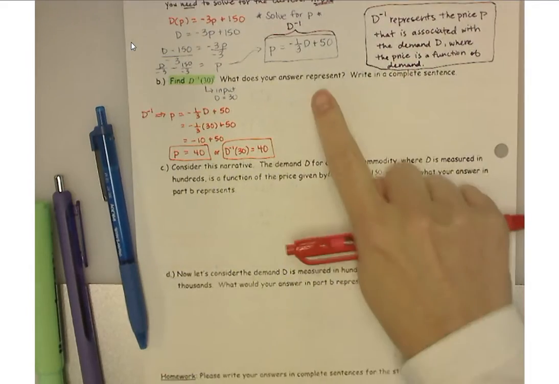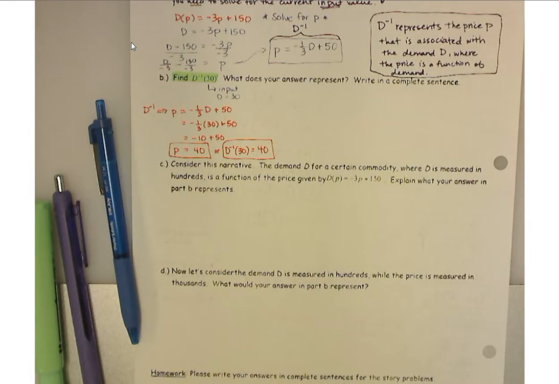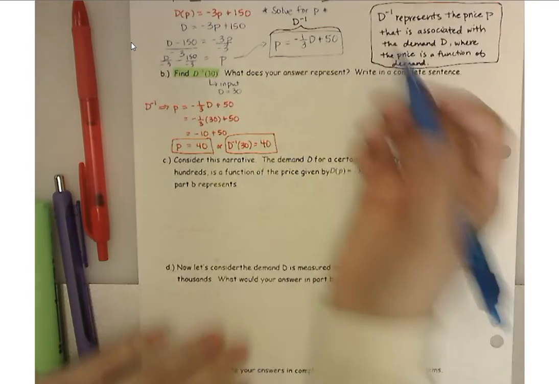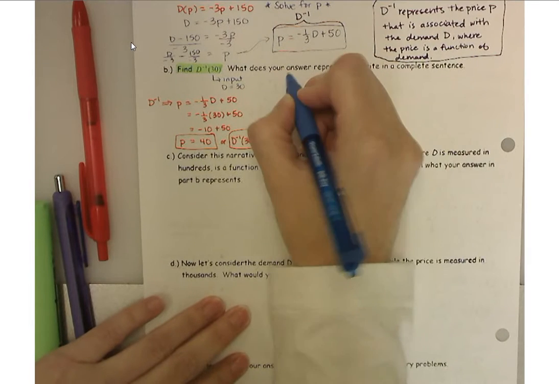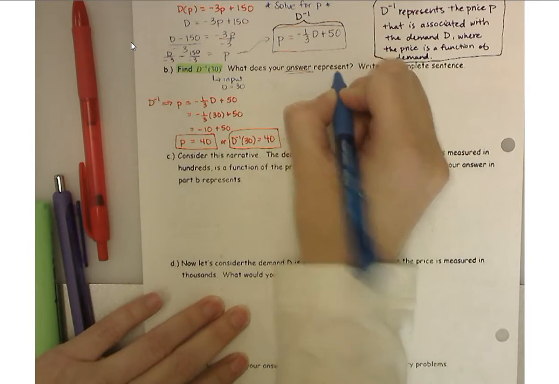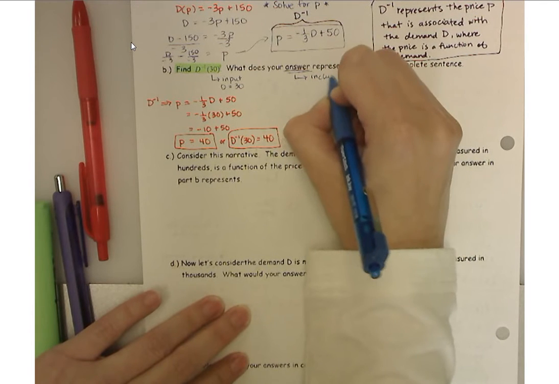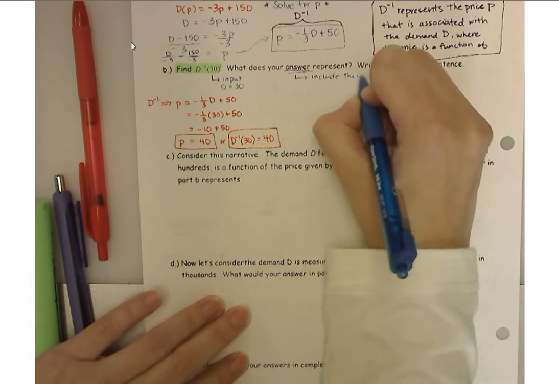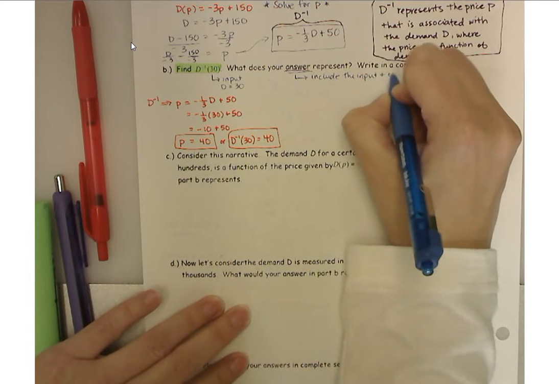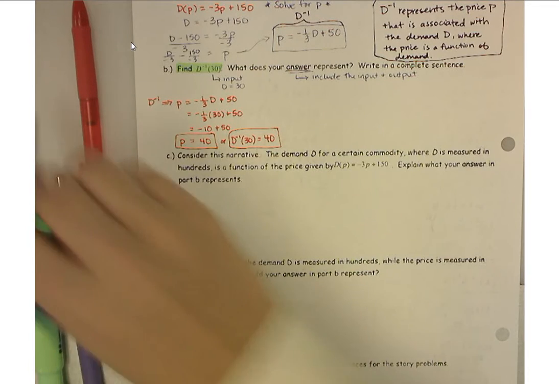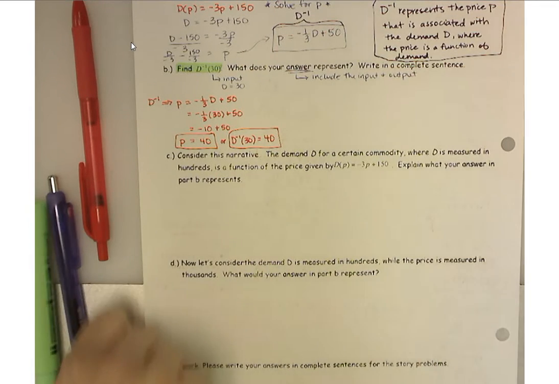Again, I'm going to explain what my answer represents. I'm going to write that in a complete sentence. I want to stress that when you are explaining what that represents, you need to make sure you include the input and the output. So you're explaining both of those.